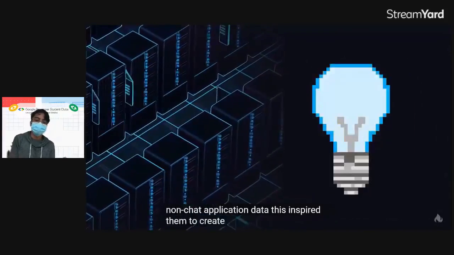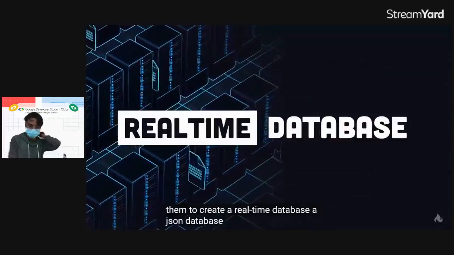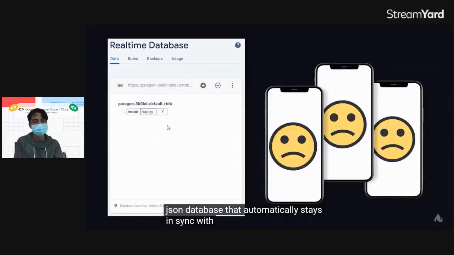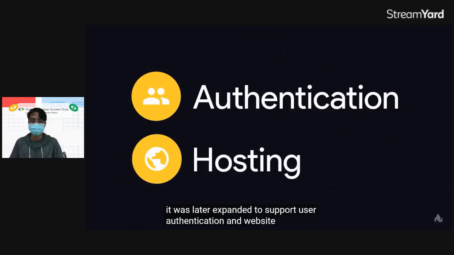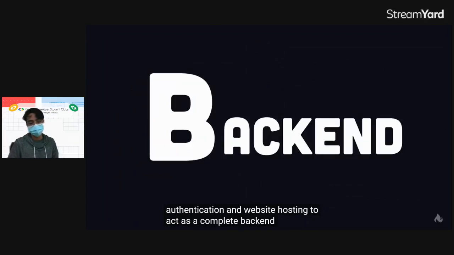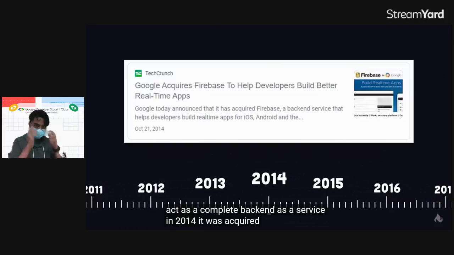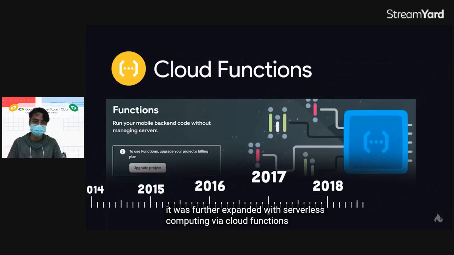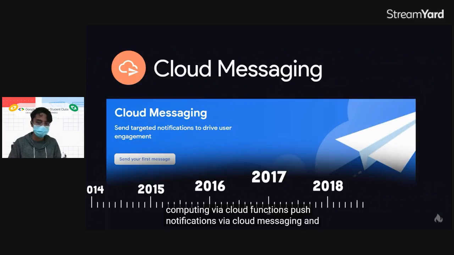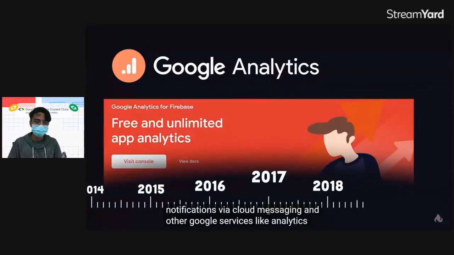This inspired them to create a real-time database, a JSON database that automatically stays in sync with your front-end application. It was later expanded to support user authentication and website hosting to act as a complete backend as a service. In 2014, it was acquired by Google, where it was further expanded with serverless computing via cloud functions, push notifications via cloud messaging, and other Google services like analytics and AdMob.